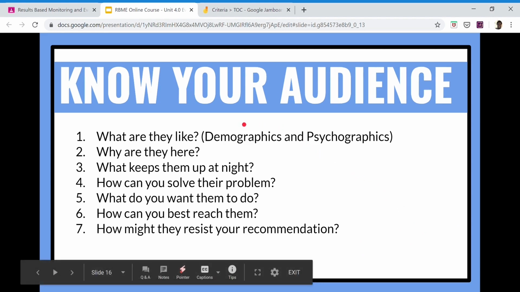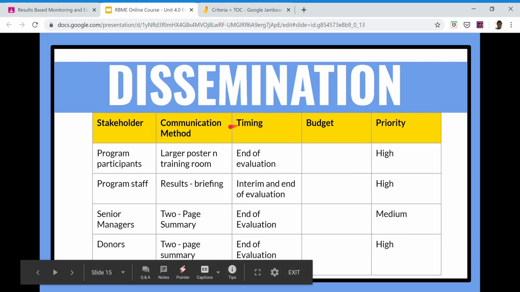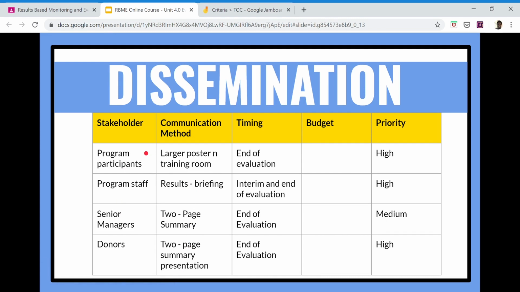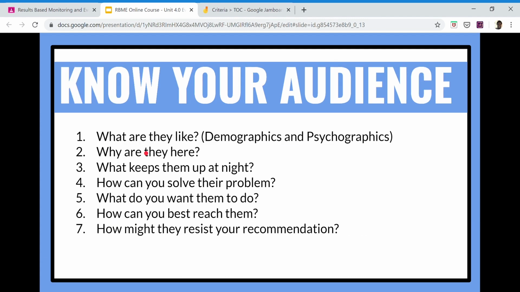Knowing this audience is important, and that's the reason why your communication method changes by knowing these people, because meeting them is about change, right? So you need to understand who they are. These are key points you need to look at in knowing who the stakeholders are, who the decision makers are.